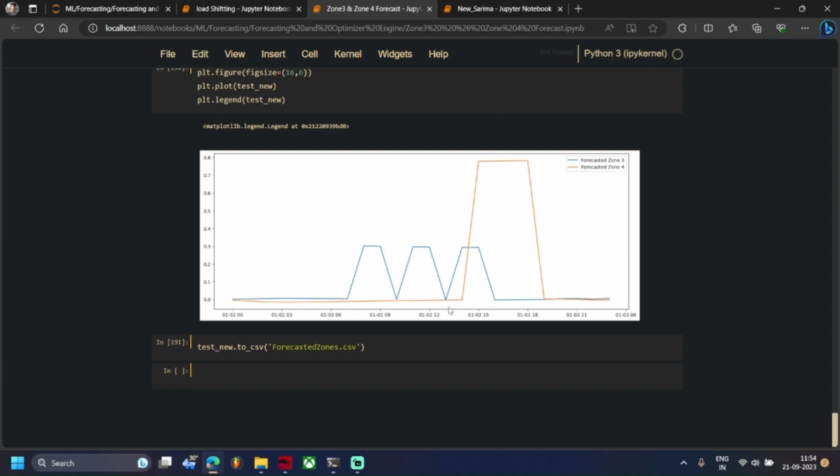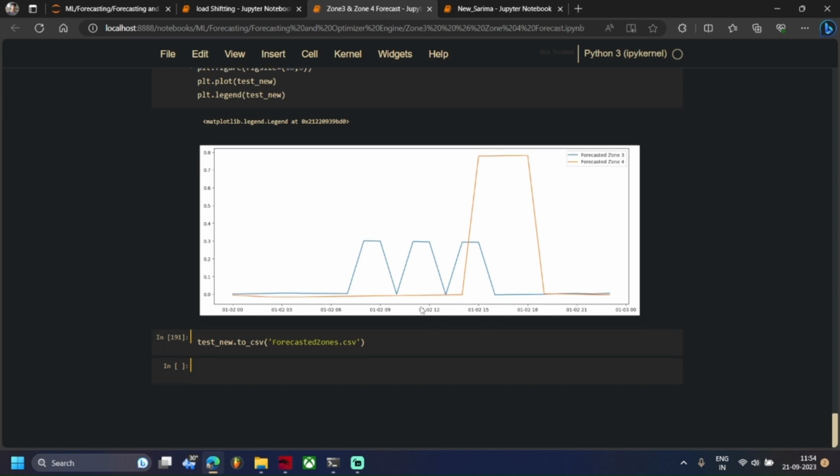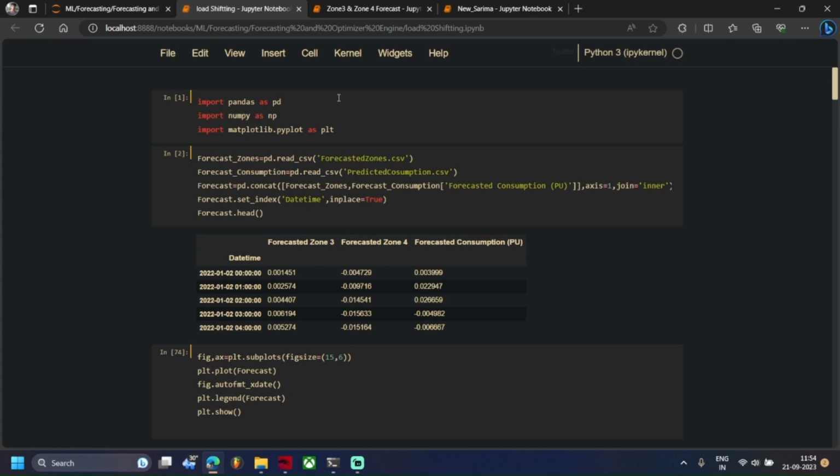There are also some discrepancies, as you can see, and that can be normalized. So now we are here with the most interesting part of our model, which is the load shifting, the demand response management, or the energy optimization. We have forecasted three parameters, which are the forecasted total demand, and forecasted zone 4 and zone 3 consumption.